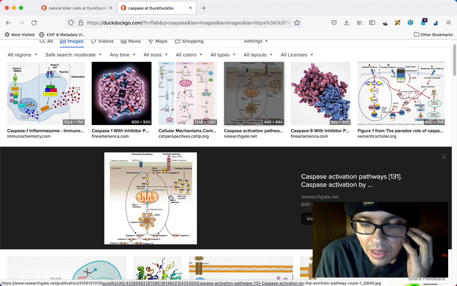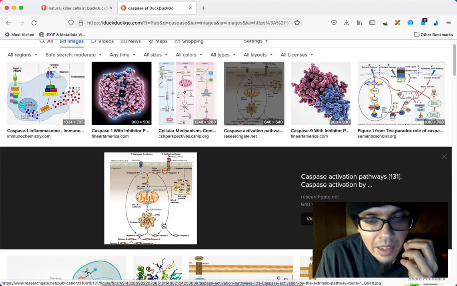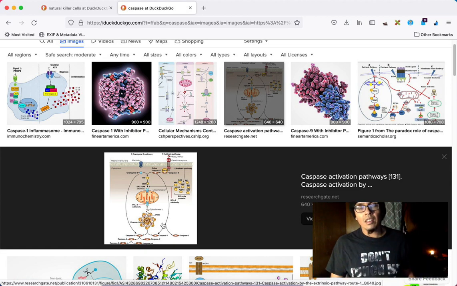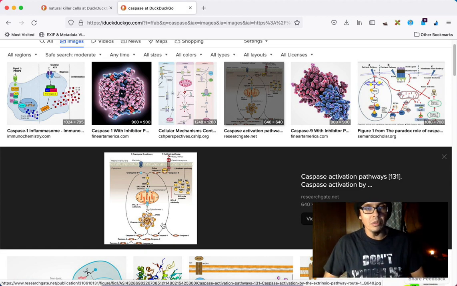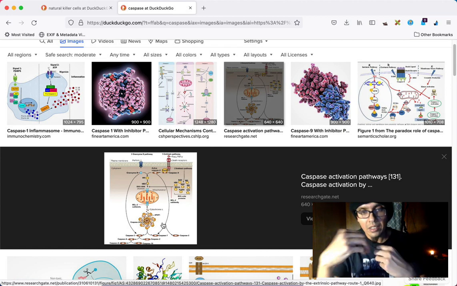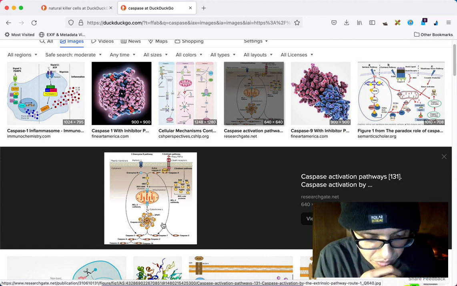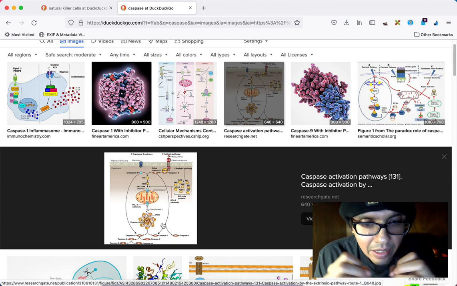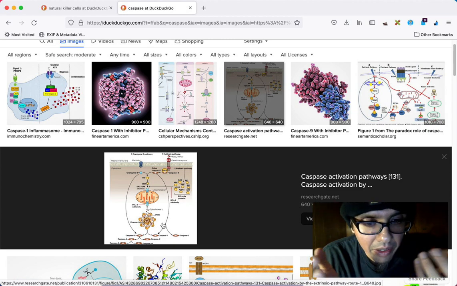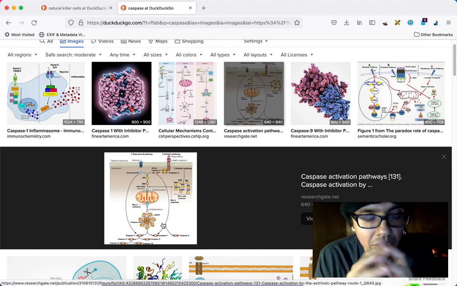But these caspases can be activated from an external stimulus, which is how natural killer cells do their killing, or they can be activated internally from within a cell. So a cell can cause its own death, right? And a cell will cause its own death under certain conditions.